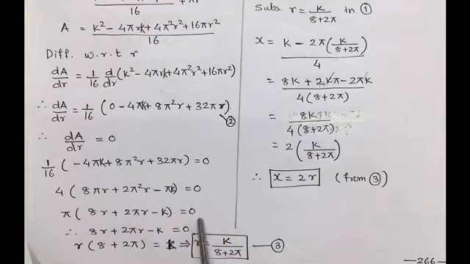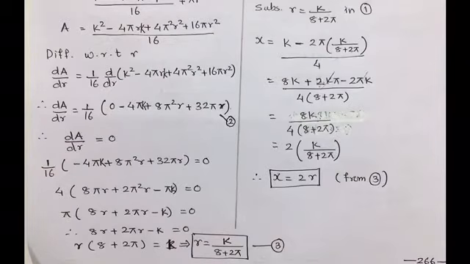Again taking out pi common, shifting everything to the other side, the equation becomes 8r plus 2 pi r minus k equal to 0. Taking out r common, shifting k to the other side becomes plus k. So the final value of r that we get is k upon 8 plus 2 pi, which we will mark as 3.